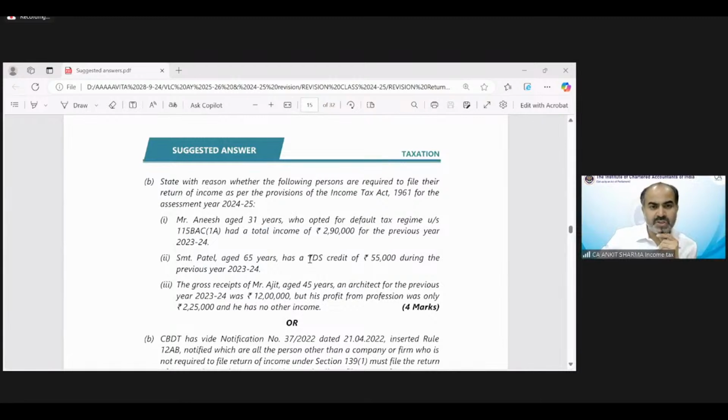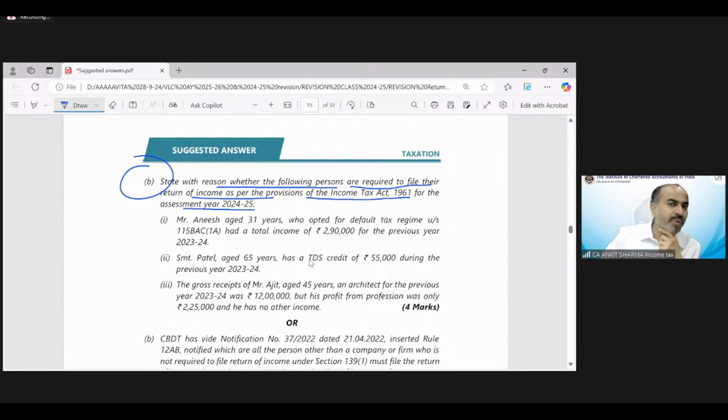Now here are the provisions. State with reason whether the following persons are required to file their return of income as per the provisions of the Income Tax Act 1961 for the assessment year 24-25 or not. Simple.